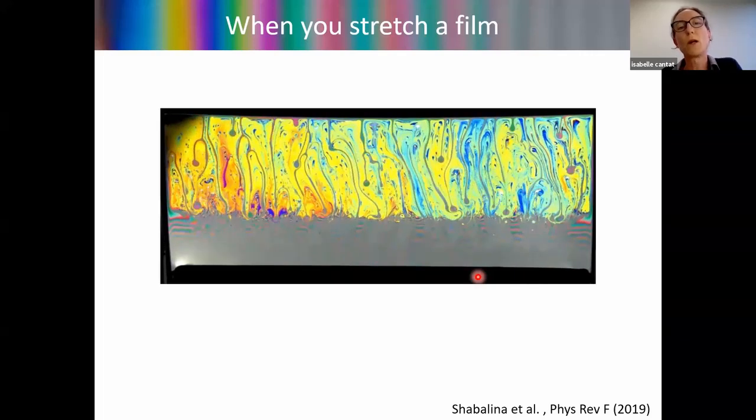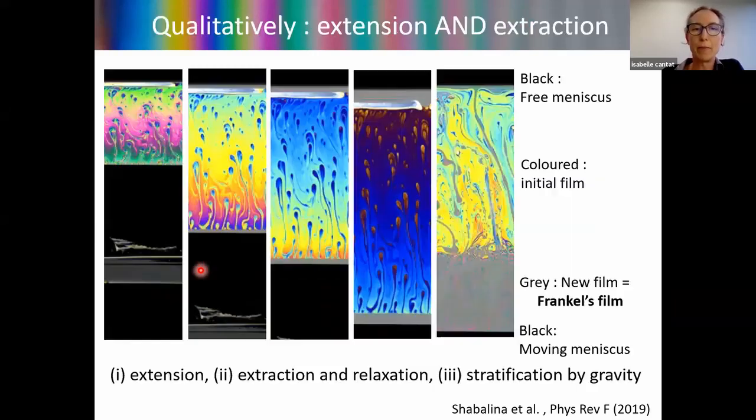So I remind you, color indicates the thickness: bright colors correspond to thickness smaller than 1 micron, and gray colors correspond to thickness larger than 1 micron. So what do we see in this movie? Here you have what I will call the initial film, that has been initially produced and is at rest on the frame. And you first stretch it. You know this because you see the colors going towards the small thickness colors.